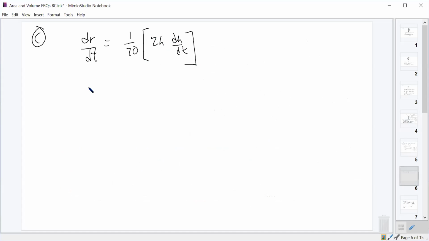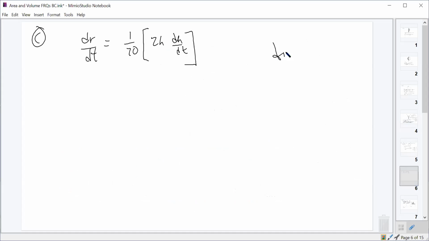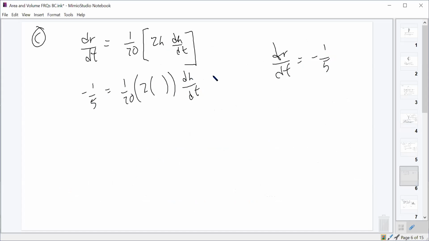And so what did it tell us? It told us the radius of the liquid is decreasing at 1/5 of an inch per second, so dr/dt is negative 1/5. We'll just plug that in. Negative 1/5 equals 1/20th times 2 times the height.